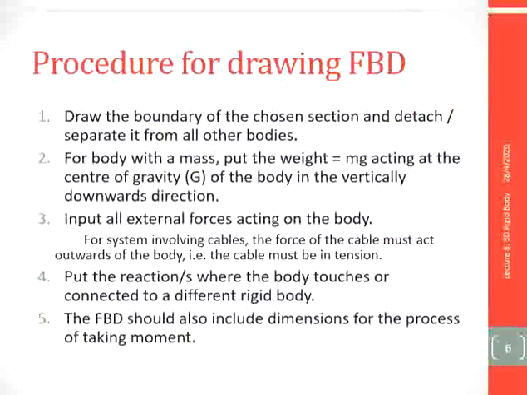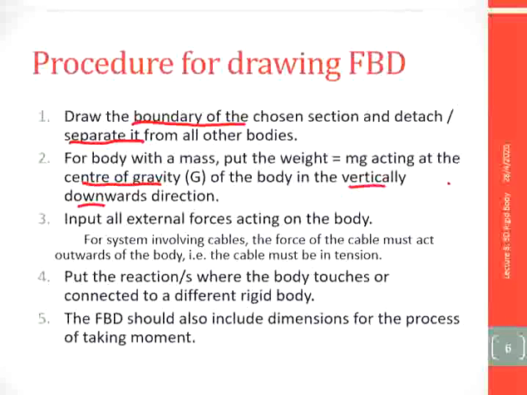Okay, the procedure for drawing rigid body. First, you need to draw the boundary of the chosen section and separate it from all other bodies. For a body with a mass, put the weight equal to mg acting at the center of gravity of the body in the vertically downward direction.